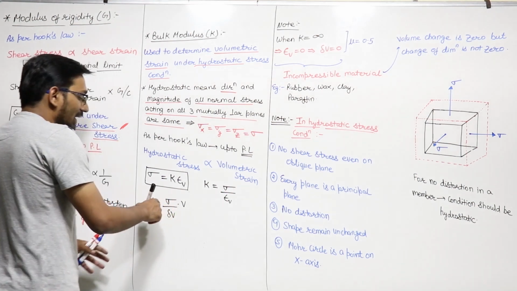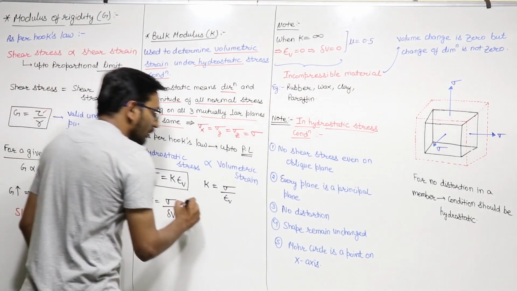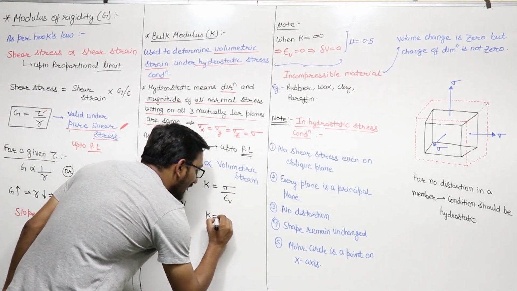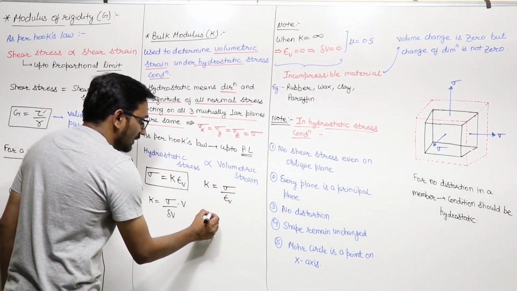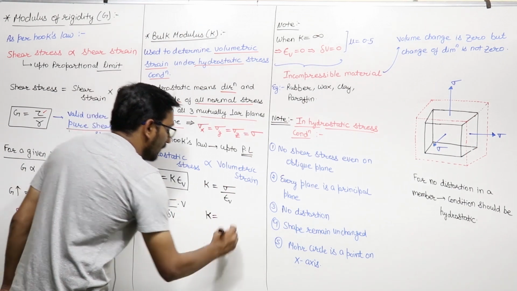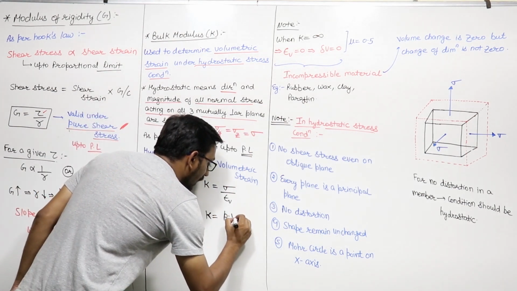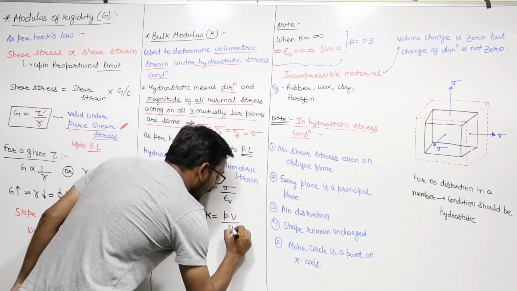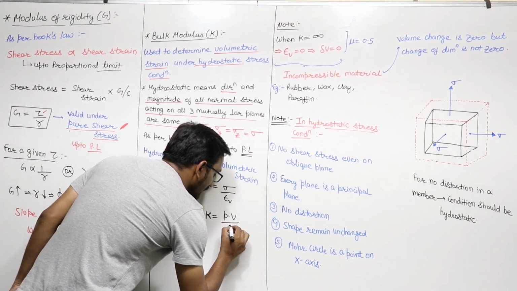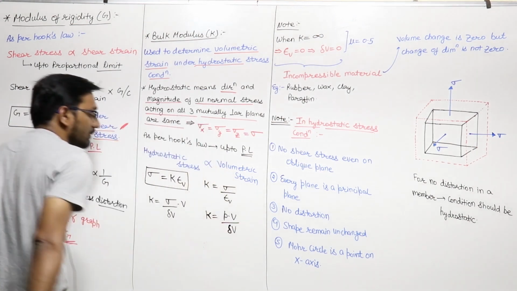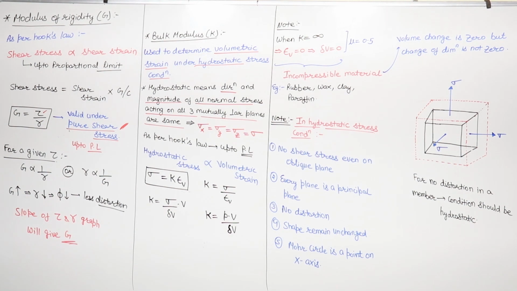So for the hydrostatic stress condition, if you replace sigma with pressure, K will be equal to pressure into volume upon change of volume, right?